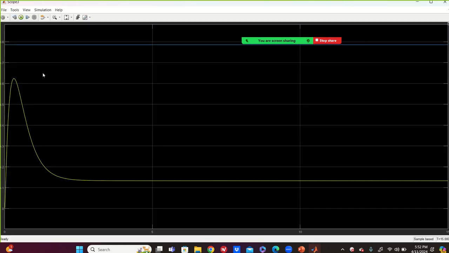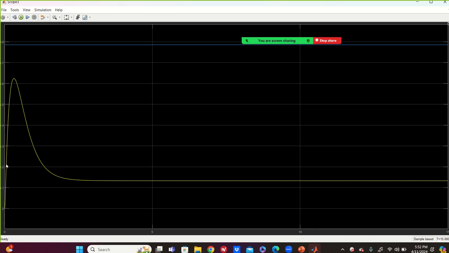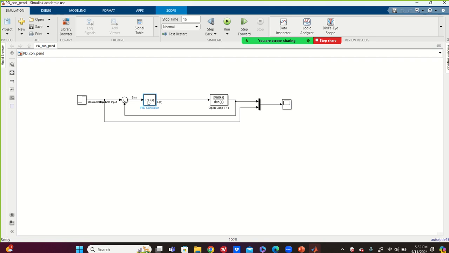Okay, so the blue line is the desired input of 45 degrees. From a marginally stable system without a controller, we added PD as the stabilizer, but we have overshoot and a huge steady state error, even though we increased it. If you remember, I did this several times in the previous class to emphasize that.